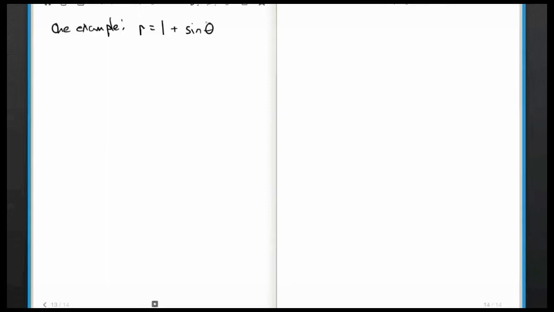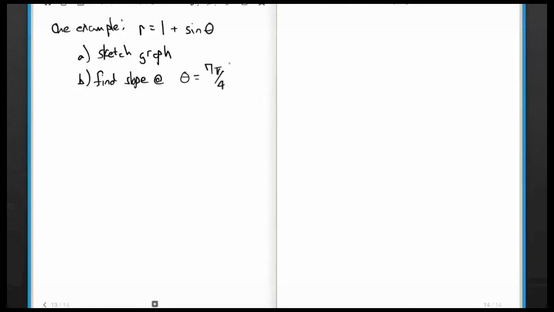All right. A, sketch the graph. And B is going to be find the slope at theta equals 7 pi over 4.